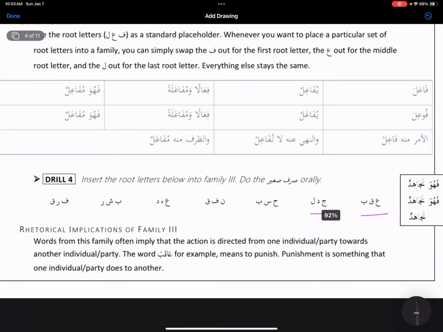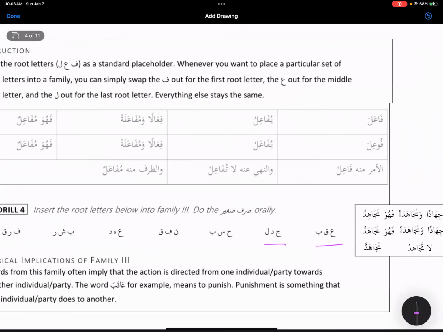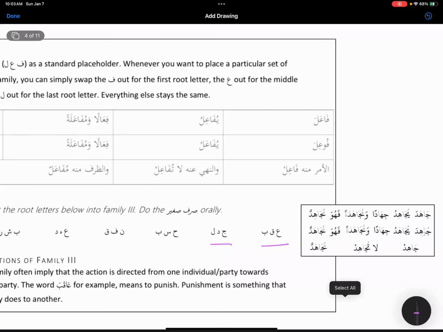Who can do the Sarf Saghir of Jadala? Family 3. Yes. Jadala, mazi. Jadala, mudari' yujadilu. Masdar mujadalatun. Fahuwa mujadilun. Yes. Mazi majhul: judila. Mudari' majhul: yujadalu. Masdar mujadalatun. Fahuwa, ism maf'ul, mujadalun. Al-amr minhu jadil, wan-nahy anhu la tujadil, waz-zarf minhu mujadalun.